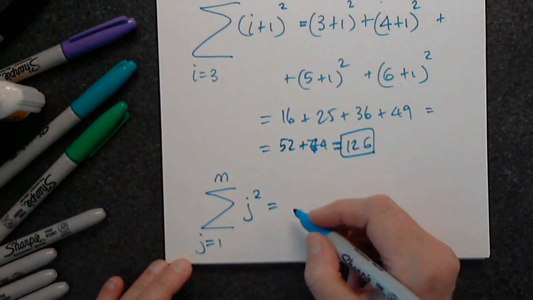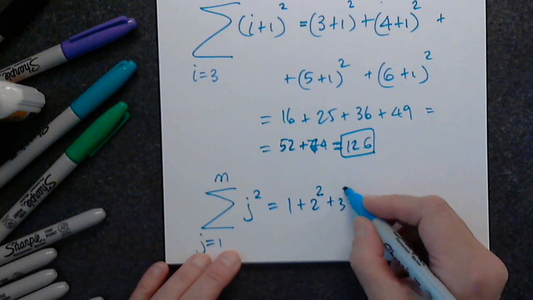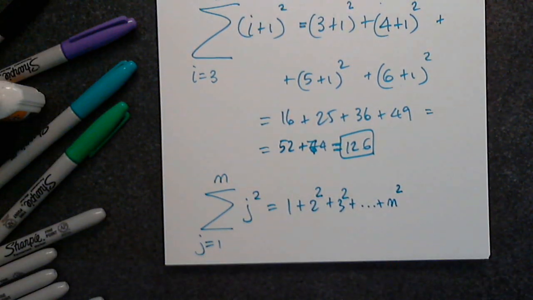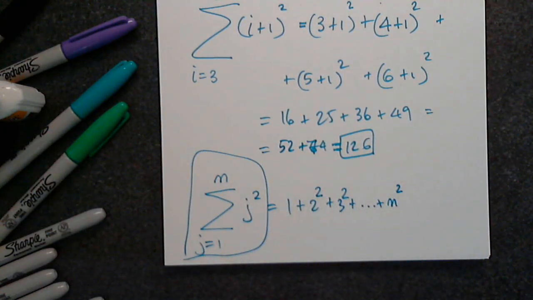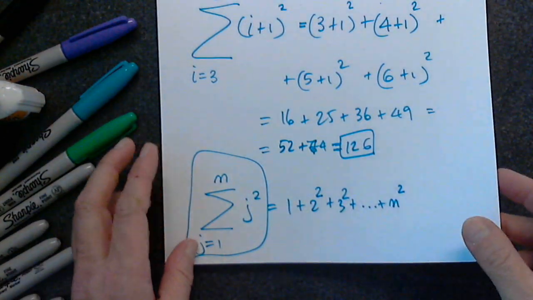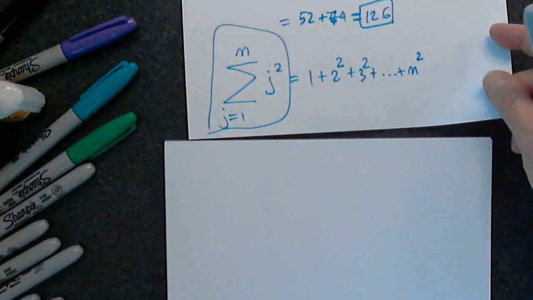So it will have 1 squared plus 2 squared plus 3 squared plus dot dot dot plus n squared. So this is a much easier situation. And then we have formulas. You do not have to memorize them, but I want to show you one. And you will be hopefully amazed.